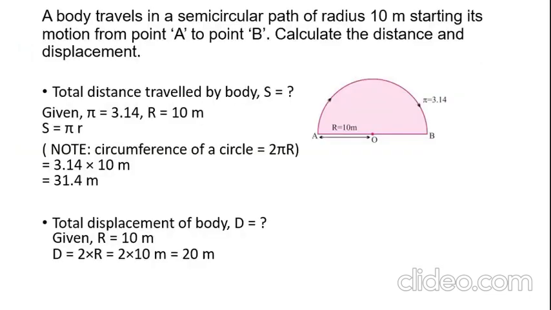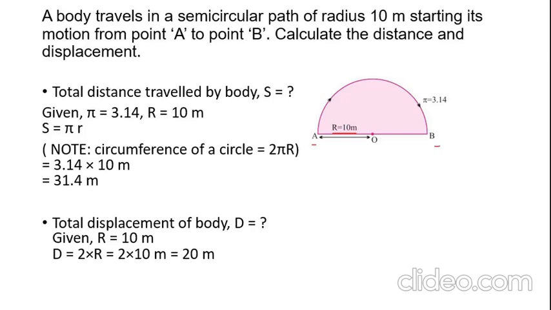Now let's see one example. A body travels in a semicircular path of radius 10 meters, starting from point A to point B. Calculate the distance and displacement.